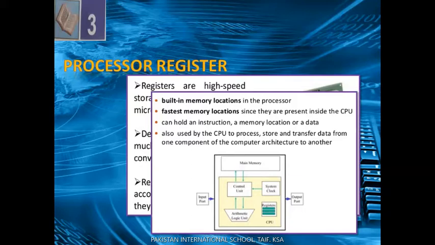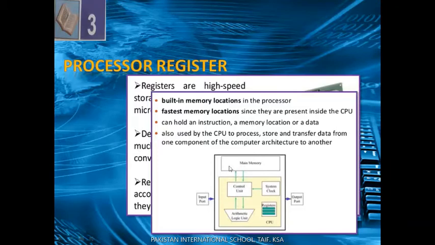Here we can check a block diagram of your CPU. In the previous lecture, we discussed the control unit, arithmetic unit, system clock, and here is a register. This is your CPU and main memory. Your input will pass to the CPU, then the control unit is responsible for controlling all the activities inside the system unit.